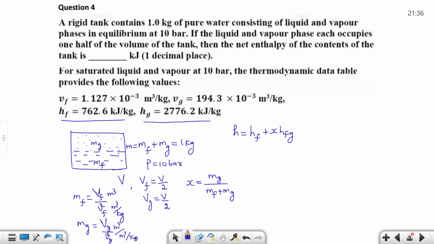The specific volume is given here. So mass of fluid will be V by 2 into 1 by vf, 1.127 into 10 power minus 3. Let's see how much we are getting.